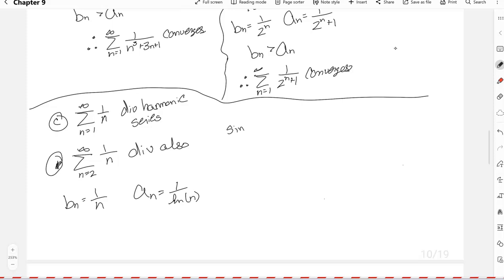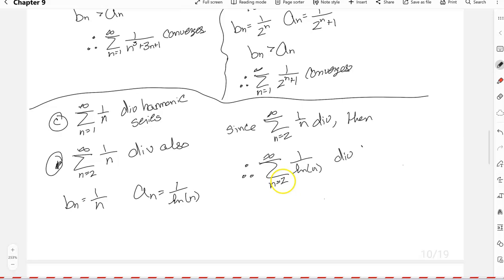So we would say, since the smaller one, the sum from n equals 2 to infinity of 1 over n, diverges, then we could say, therefore, the sum from n equals 2 to infinity of 1 over ln of n also diverges.